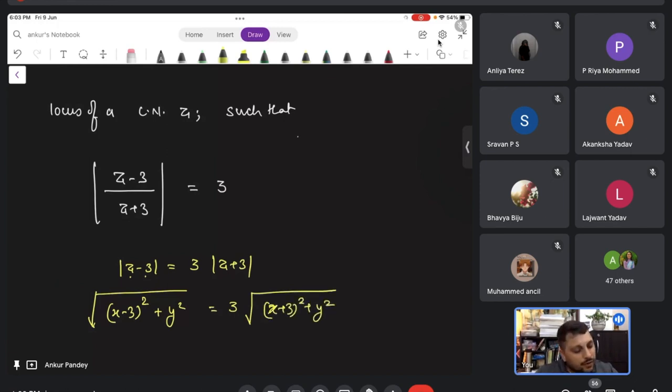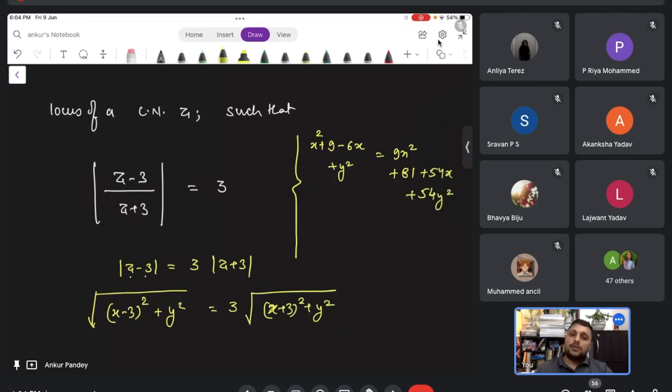Sir, squaring on both sides we will get x minus 3 square is x square plus 9 minus 6x plus y square equal to 9x square plus 81 plus 54x plus 9y square. Yes or no? Sir, if we take everything on one side, we will get 0 equal to 9x square minus x square, 8x square.